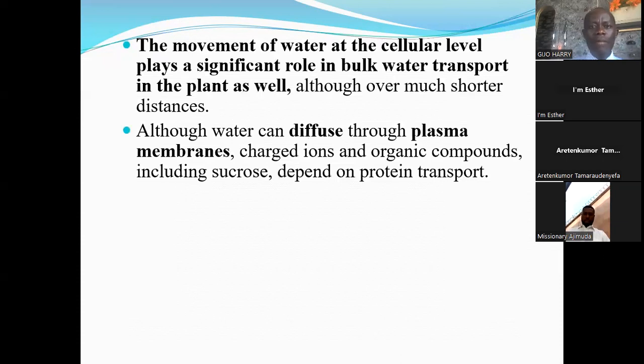So the movement of water at the cellular level also plays a very significant role in bulk water transport in the plant. Although water can diffuse through the plasma membrane, charged ions and organic compounds, including sucrose, depend on protein transport.